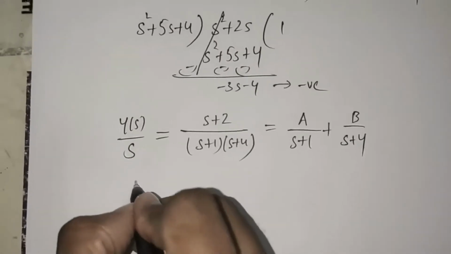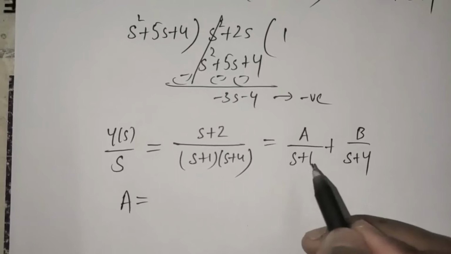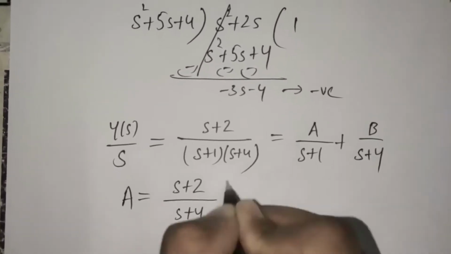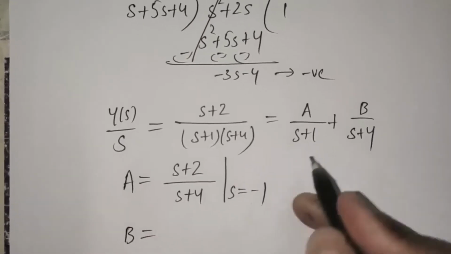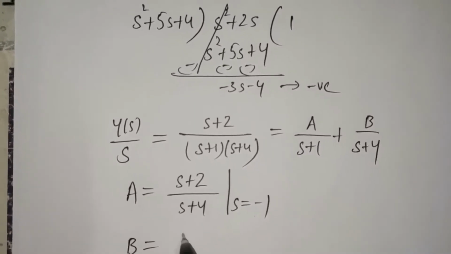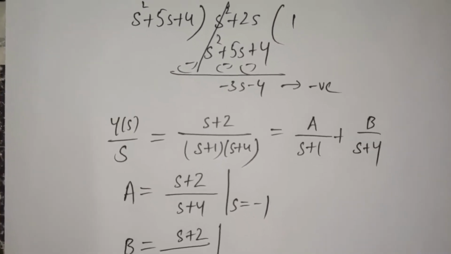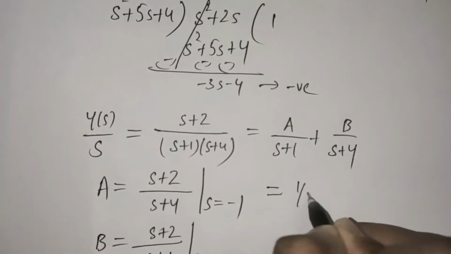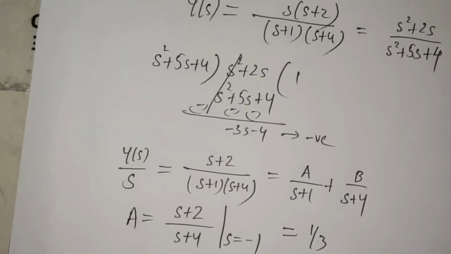So as you know, A is equal to, except s plus 1, consider the entire fraction, s plus 2 by s plus 4, substitute s is equal to minus 1, and B can be obtained, consider the entire expression except s plus 4, s plus 2 by s plus 1, and s is equal to minus 4. So A value is 1 by 3 and B value is 2 by 3.